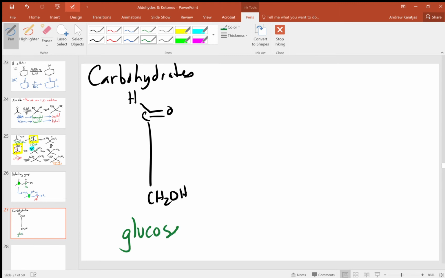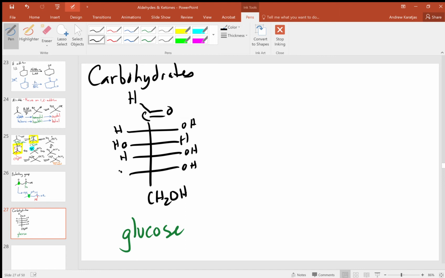So here's glucose. We're going to draw it in its Fischer projection. And as you go on to take biochemistry, this is a process and a reaction that you'll learn a lot more about.